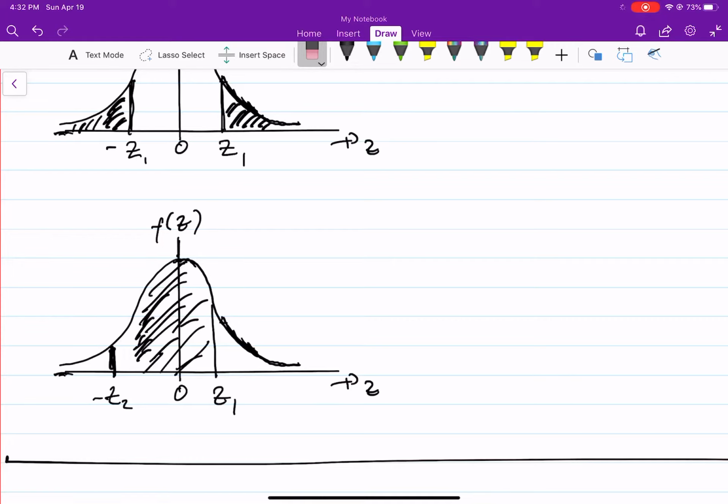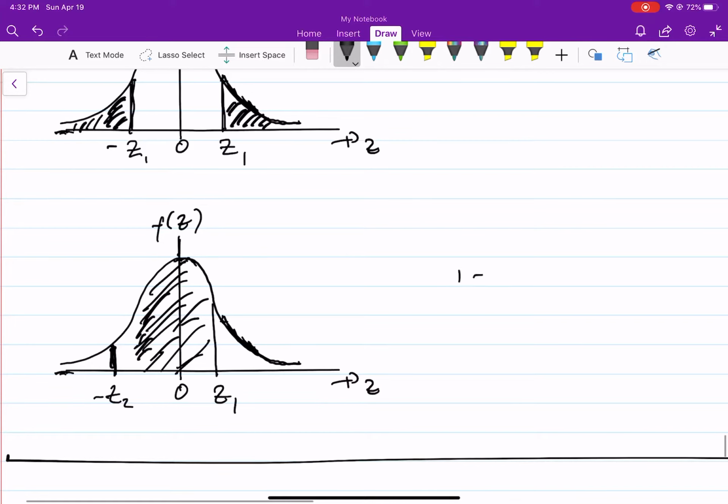I want the shaded region in between those two lines. 1 minus phi of Z1 is that portion to the right. Plus 1 minus phi of Z2 is that portion to the left.